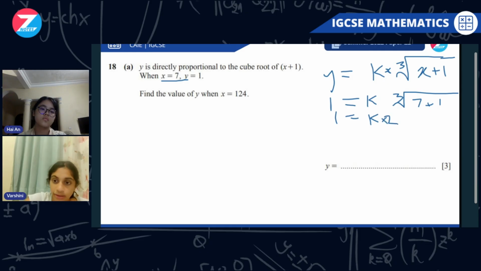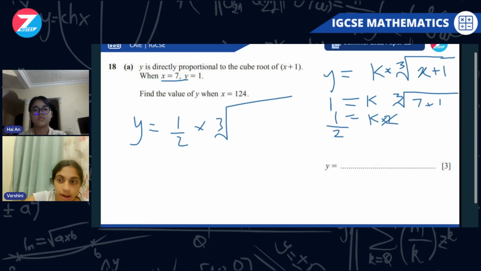Let's get rid of this 2 by dividing both sides by 2, and we know k is going to be equal to half. So now we have k, we can rewrite what y is. y is equal to 1 by 2 into the cube root of x plus 1.